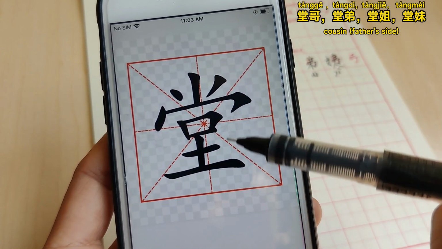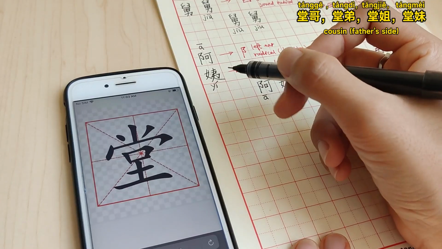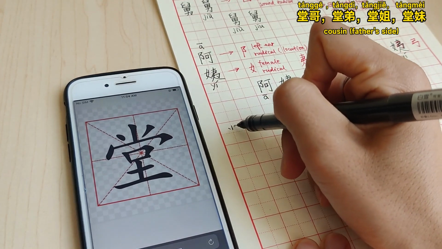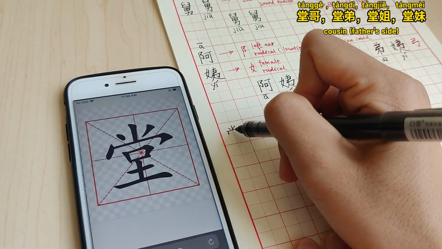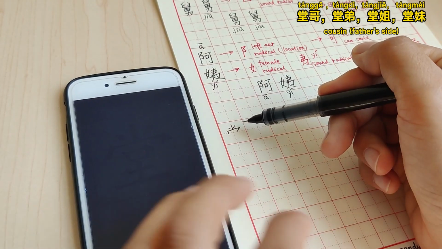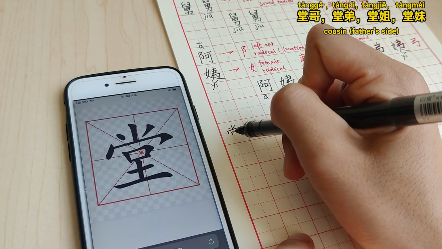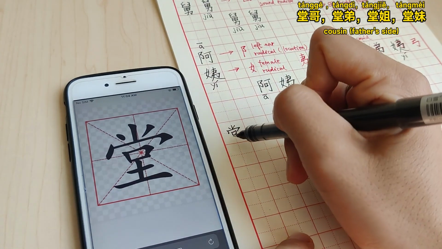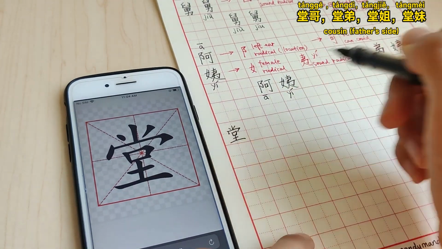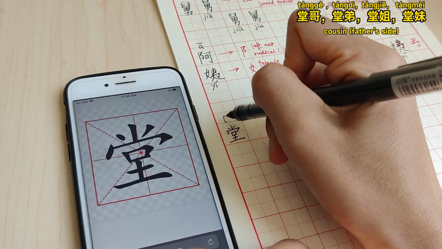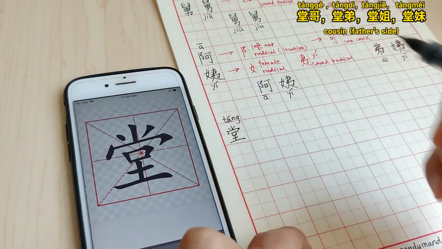This is how we write the 堂. It's a top-bottom structure. We go 1, 2, 3. Here is the top part. And the bottom part. 1, 2, 3. Very good. And this is 堂.